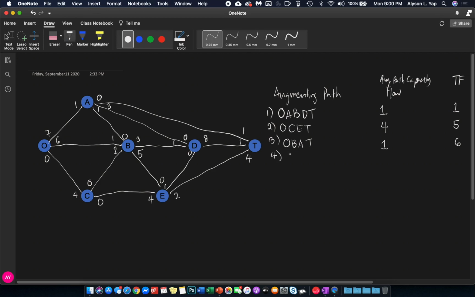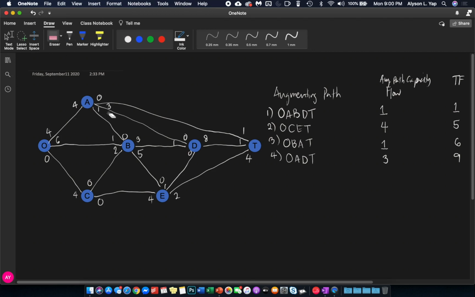So let's say the next augmenting path is O, A, D, and T. Capacities are 7, 3, 8. So the minimum is a 3, therefore the total flow is 9. And if we let 3 units move, from O to A, this becomes 7 minus 3 is a 4. 1 plus 3 is a 4.